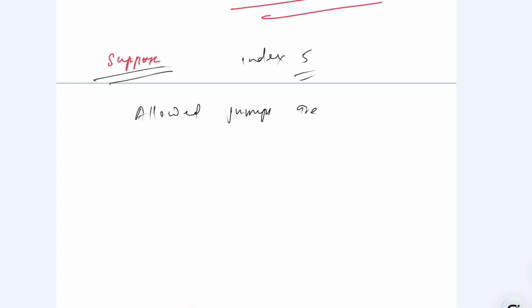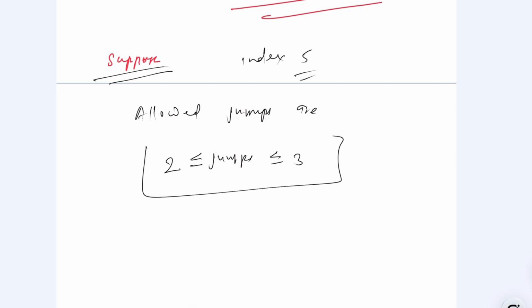So what we need to do, let's suppose we are checking index 5. I'm saying suppose, oh sorry guys, let me change. Suppose that we are checking index 5 directly, okay? Who can jump to 5? The allowed jumps we know already, which should be greater than or equal to 2 and less than or equal to 3.